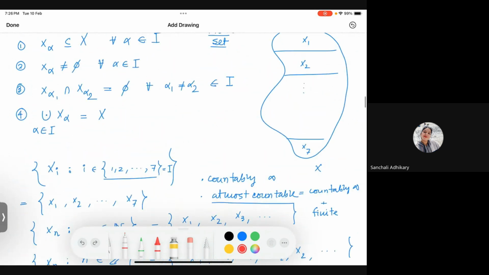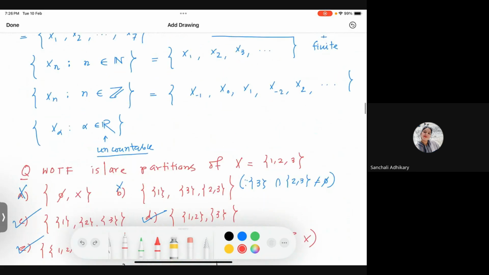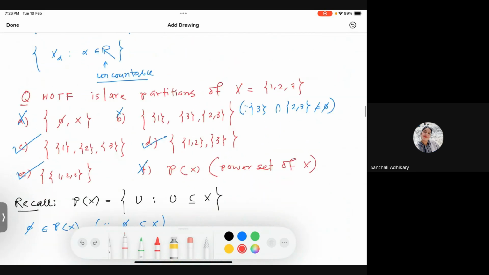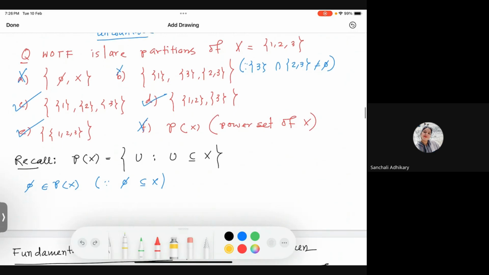Now, here, see, there is a question. Is it a partition? No, right? Because in this collection, there is an empty set. So this is not a partition.